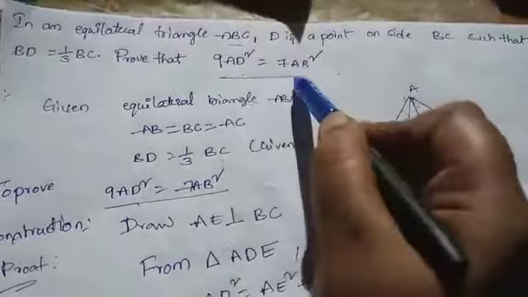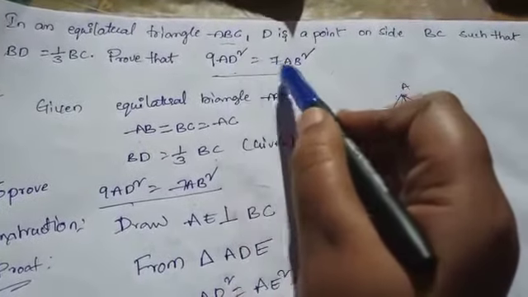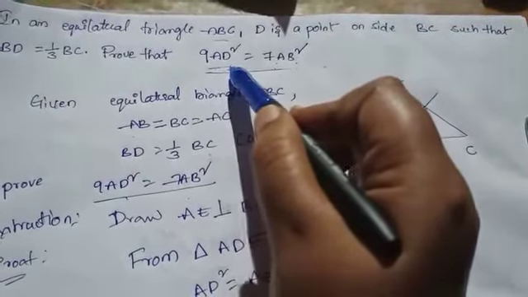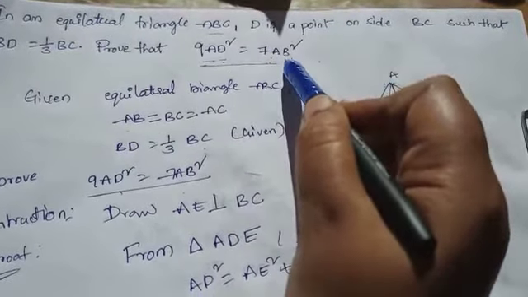See this equation, 9AD square equal to 7AB square. That is, 9AD square minus 7AB square equal to 0.